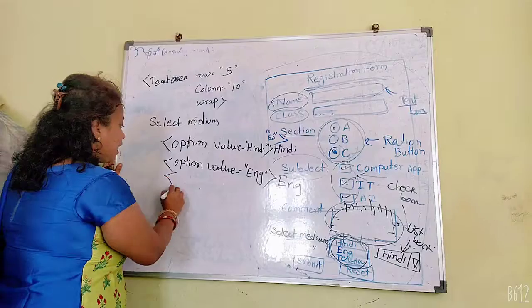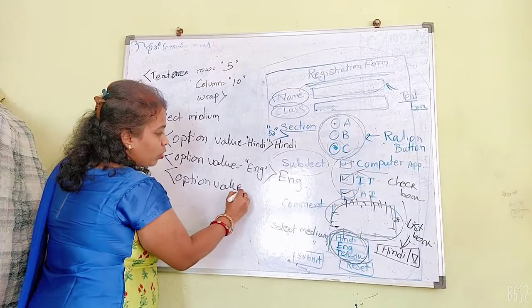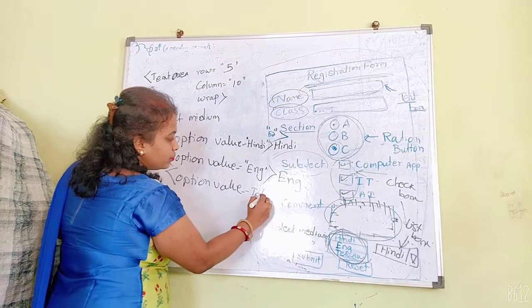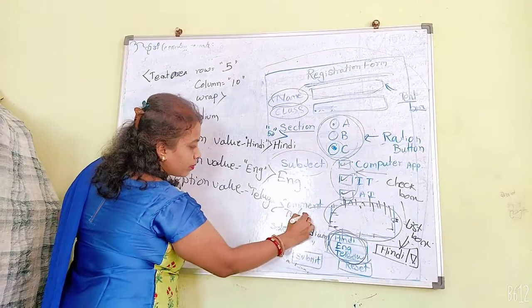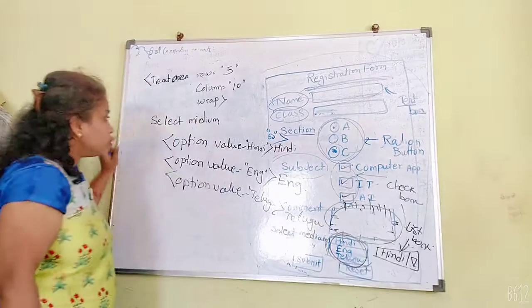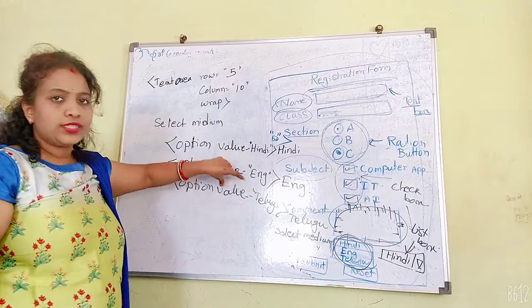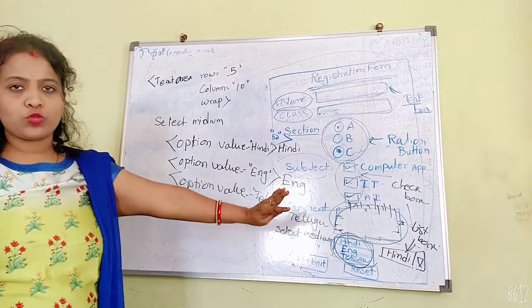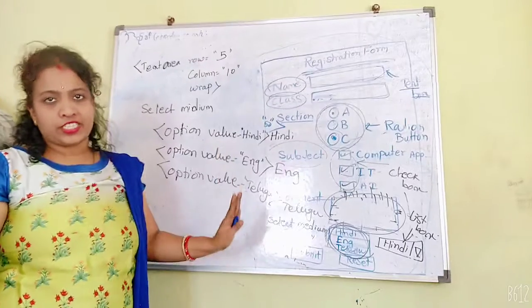Okay, and the same for the Telugu, option value equal to Telugu. So just remember option is the tag and value is the attribute used for the list box only. Here there is no mention of the list.